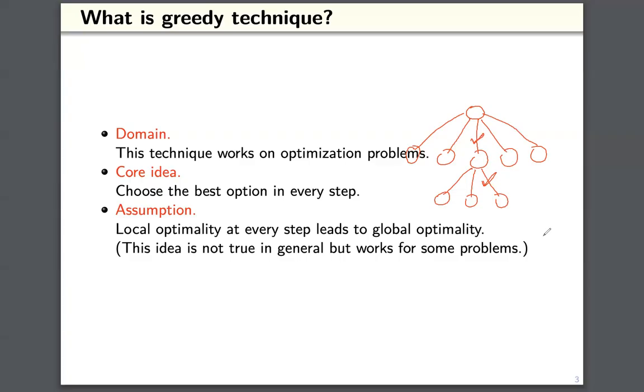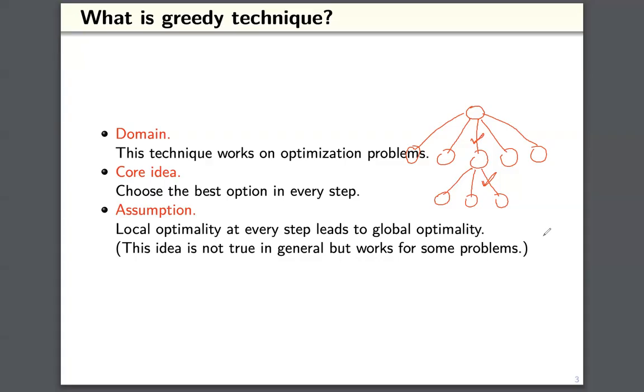Is that always true? No. In some cases it is true, but not in every situation. So consider life. We try to maximize happiness in every step. Suppose we do that. Does it lead to global happiness or contentment?